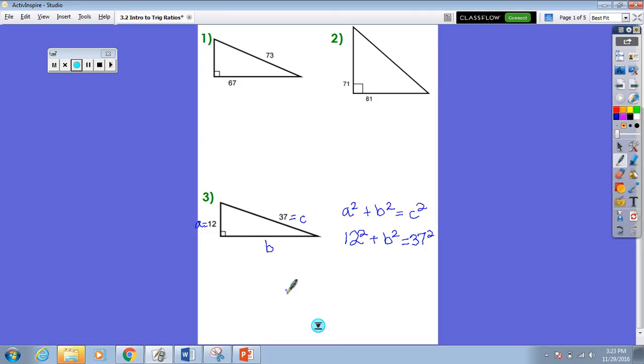Alright. Now I just need to figure out what is 12 squared, which is 144, plus B squared equals 37 squared, which is 1,369. So we subtract 144 so that we get B by itself.